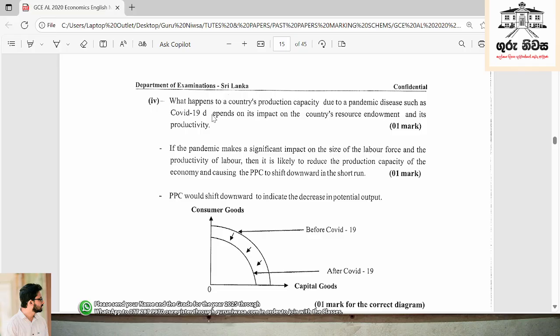You can use pencil or pen. For example, in the 2018 A-level paper question, the question directly asks students to draw the PPC on a scale. Then use a pencil, and graph sheets are given. Normally graph sheets are given if there's a graph.